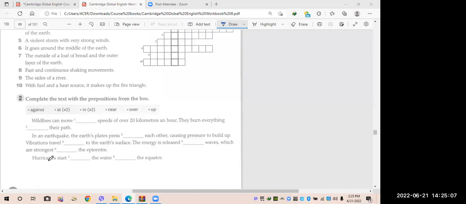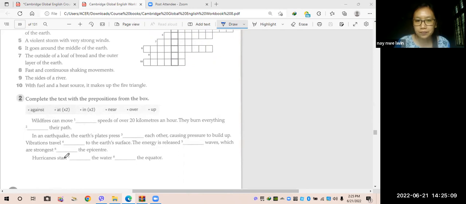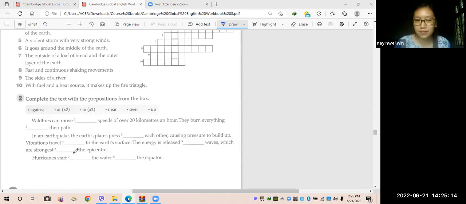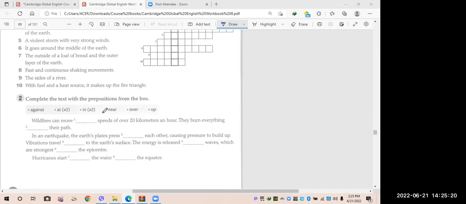Yes. Hurricanes start over the water, near the equator. Correct. Got it.